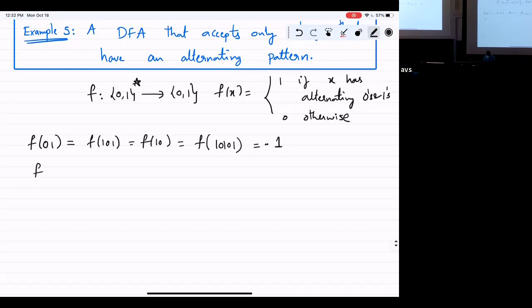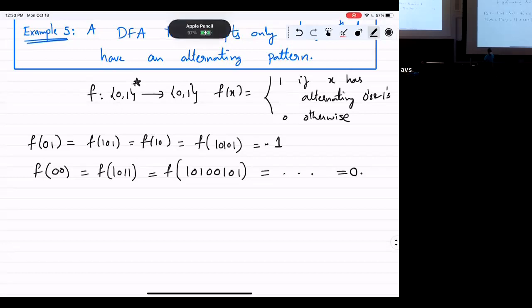At the same time, if I say f of 00, or f of 1011, or f of 100100, these all should be 0. Okay, any questions about the specification of the function? Right, if it's alternating, we need 1, otherwise 0.